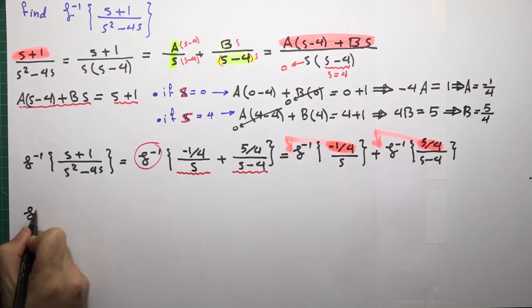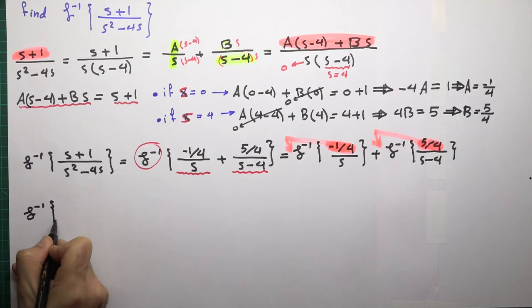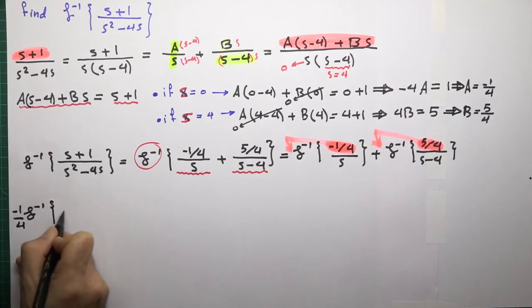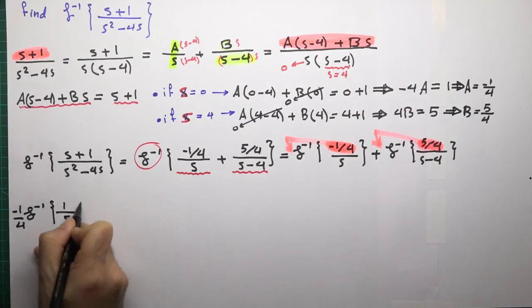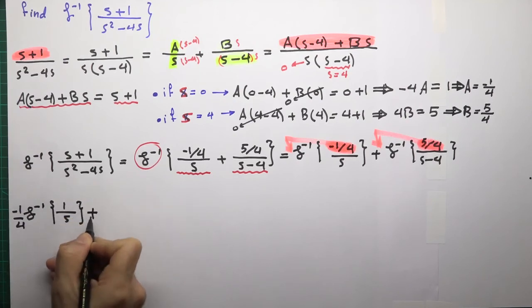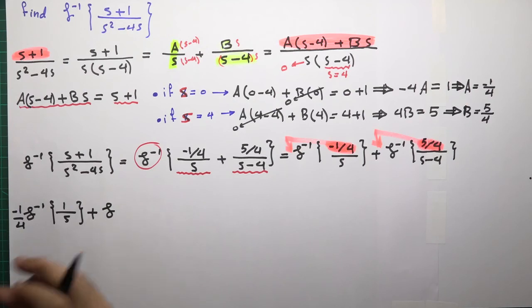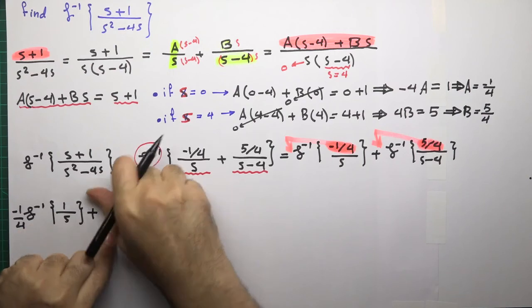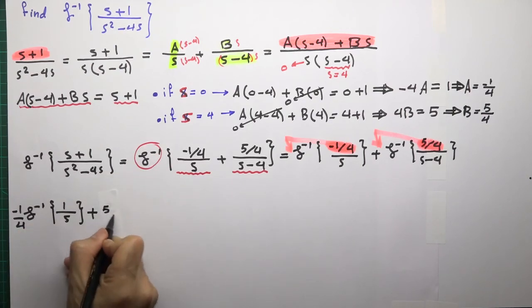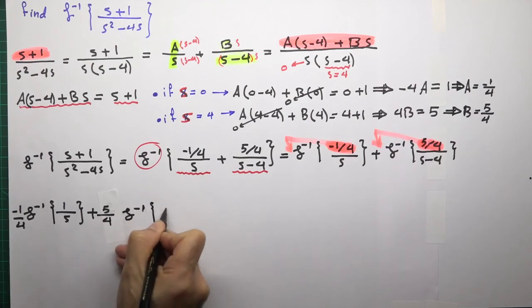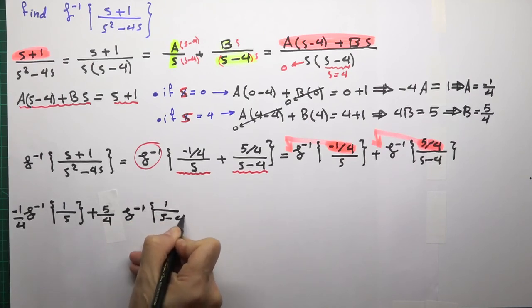It will be the inverse Laplace transform of, here minus 1 over 4, and here 1 over s, plus 5 over 4, of course, then the inverse Laplace transform of 1 over s minus 4.